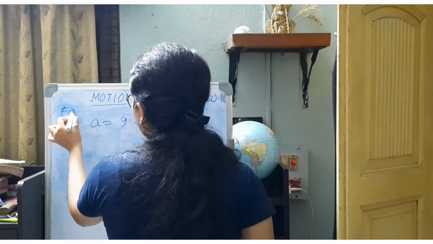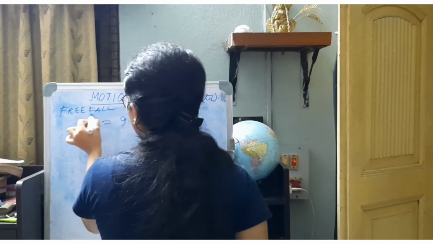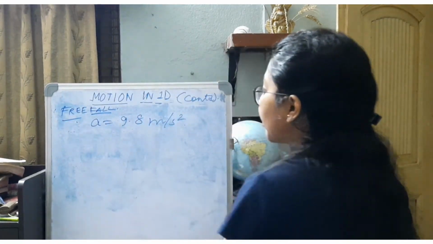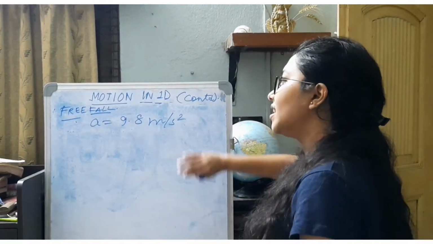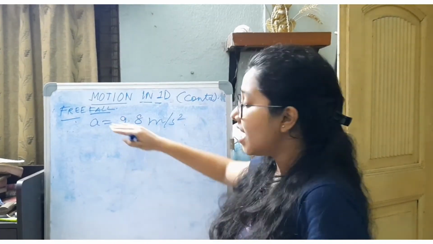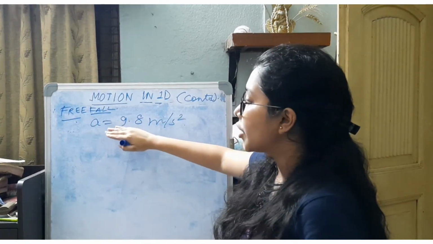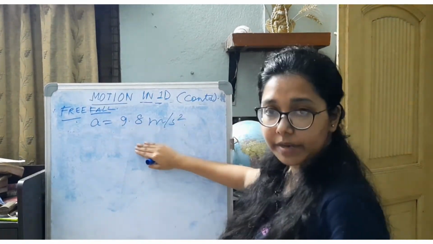Okay. So whenever an object is thrown or it is lifted upwards, all these types of questions where the acceleration is the acceleration due to gravity, we have to use 9.8 meter per second square.